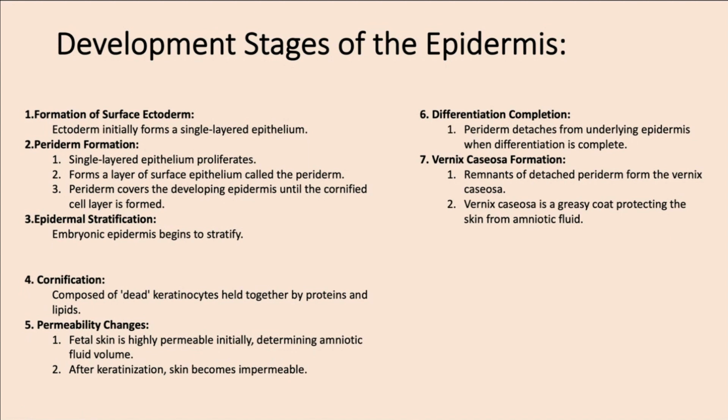Then there is epidermal stratification, meaning that the epidermis starts to become stratified, meaning that it becomes layered. So it goes from being one single layer to multiple layers. How many layers of epidermis have we got? Does anybody remember?